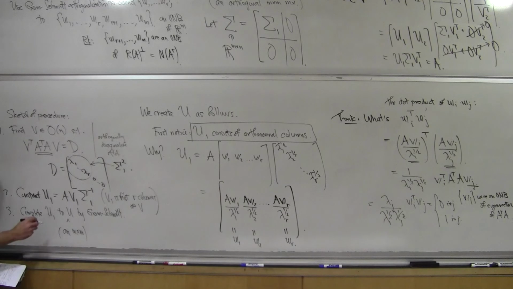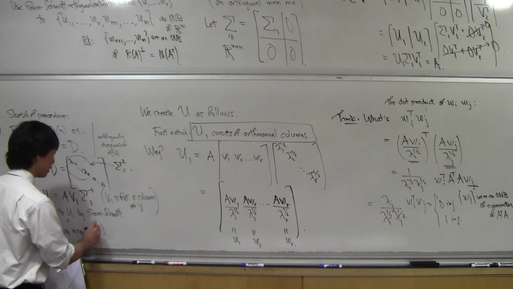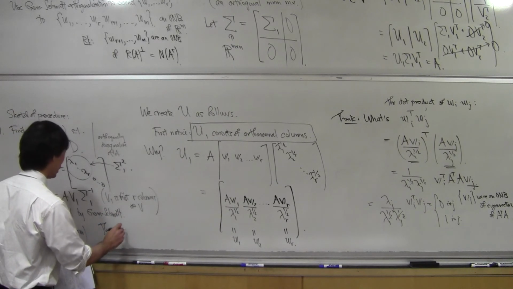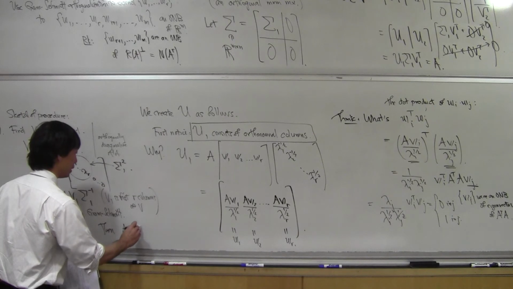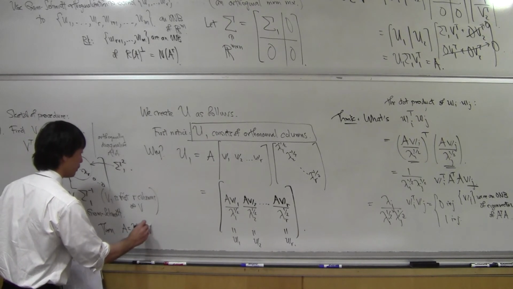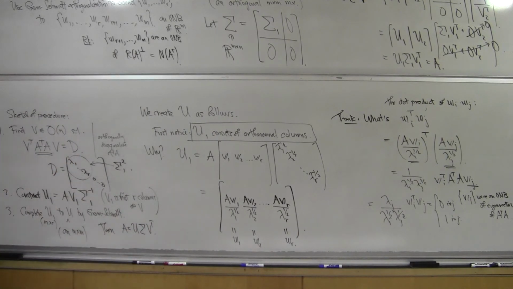This is only M by R, so you need M minus R more columns. You complete it using Gram-Schmidt, and then that's it. So then A equals U sigma V transpose. If you go through the proof, you'll see this is what we did to get it.